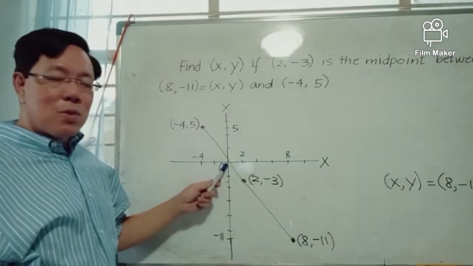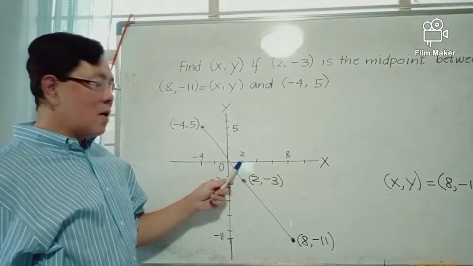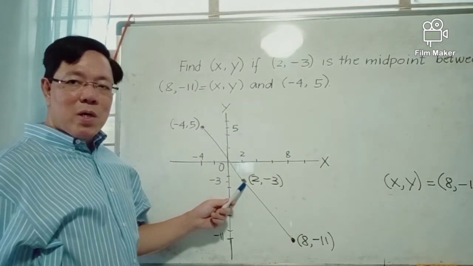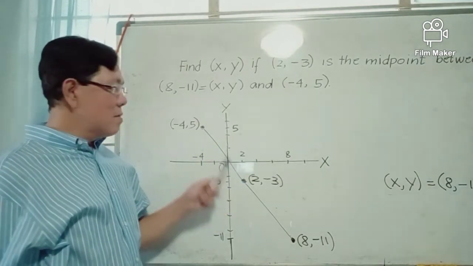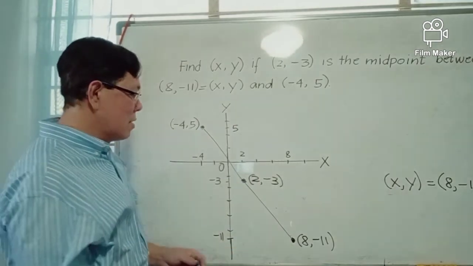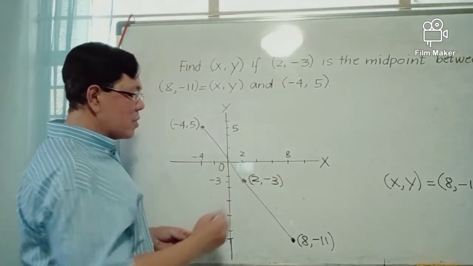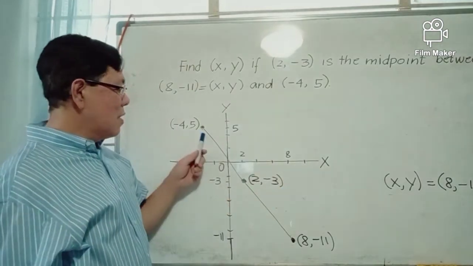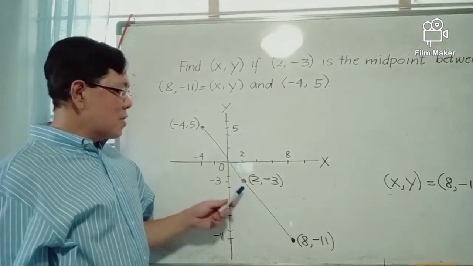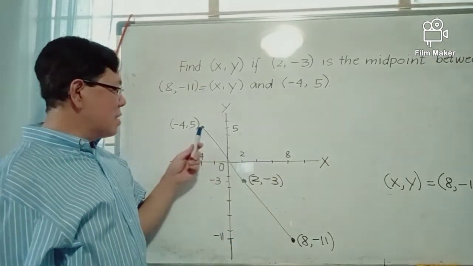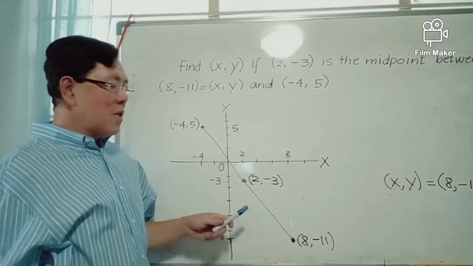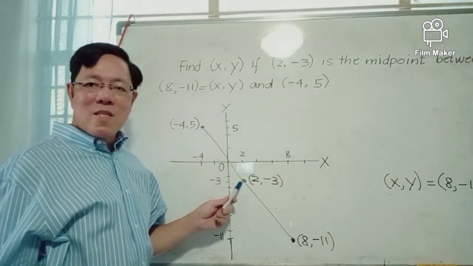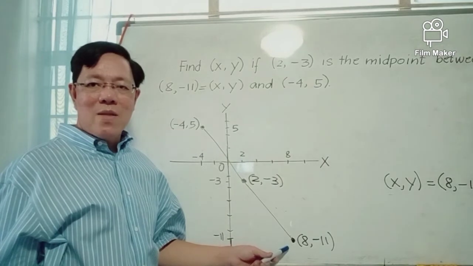And you will see that the point lies on the line segment through these endpoints. And this point with coordinates 2, negative 3 is the midpoint of this line segment, which means that this is halfway between this point and this point, which means that the distance of this point from this endpoint is the same as the distance of this point from this endpoint.